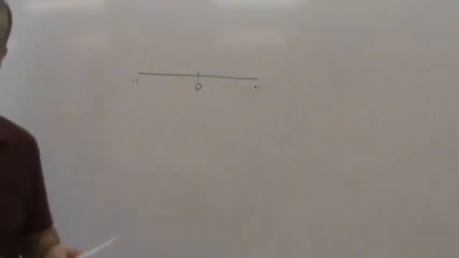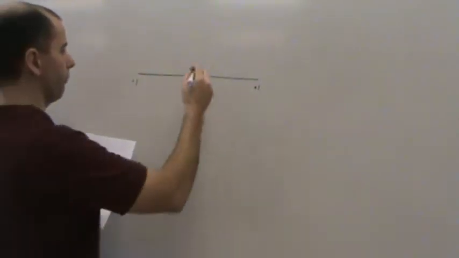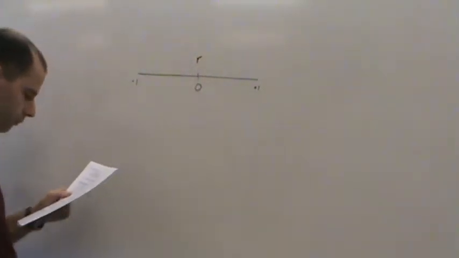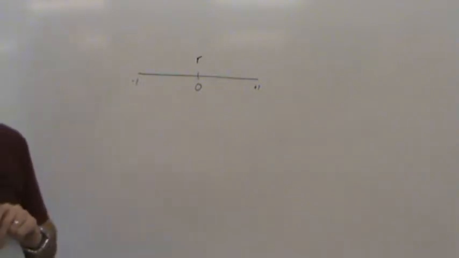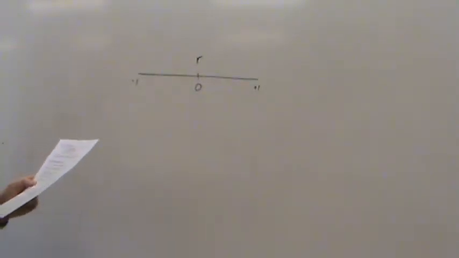A positive value of R means that it's a positive correlation, right? Makes sense? A negative value of R is a negative correlation. That's based on what we were talking about earlier. The sign of R is the same as the sign of the slope of a straight line. We're going to talk about that later.